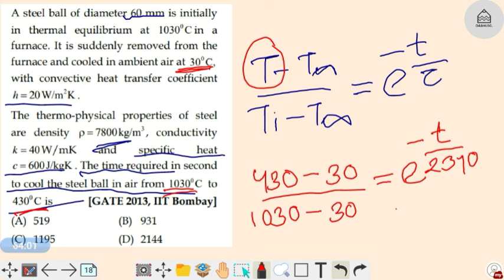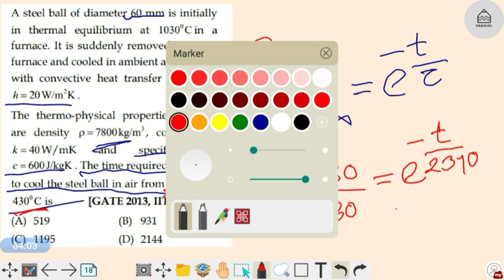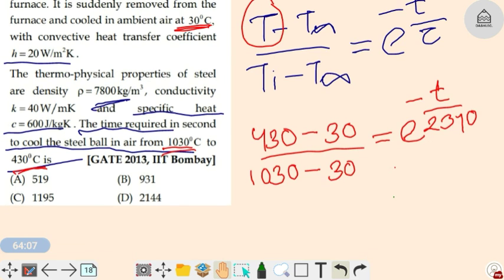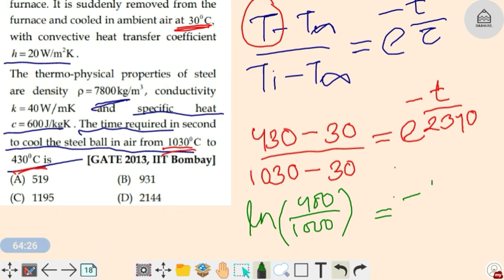If I take ln on both sides, ln of 430 minus 30, that is 400, divided by 1030 minus 30, that is 1000, is minus t by 2340.